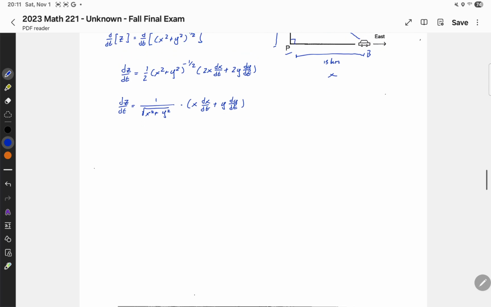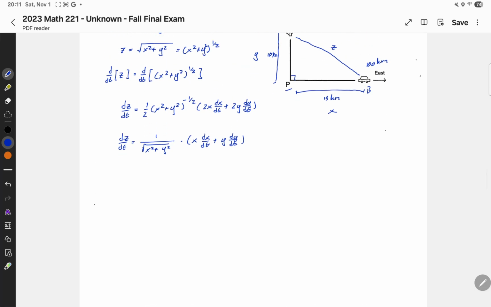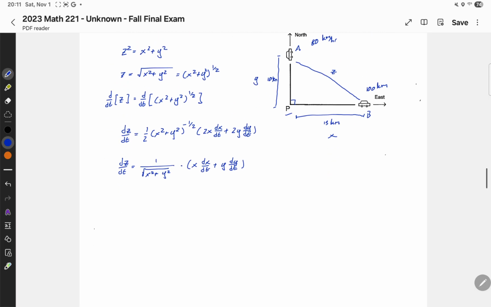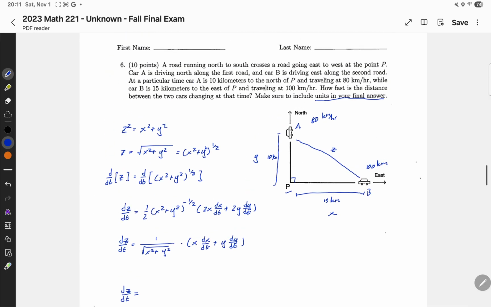All right, let's go ahead and substitute in our values. So remember, x is equal to 15. This is at the certain time, right? Which is why we can start plugging in the values. We're not given the exact time.